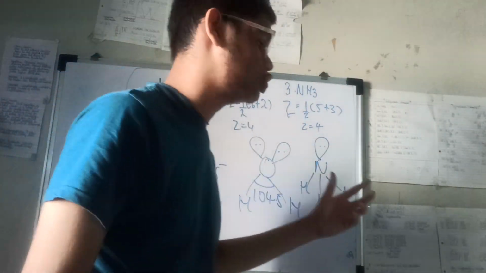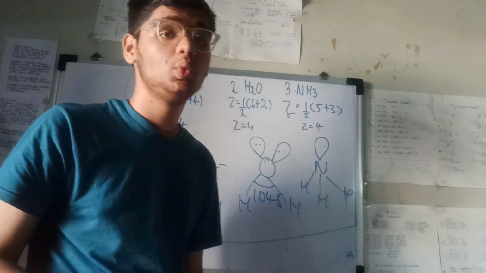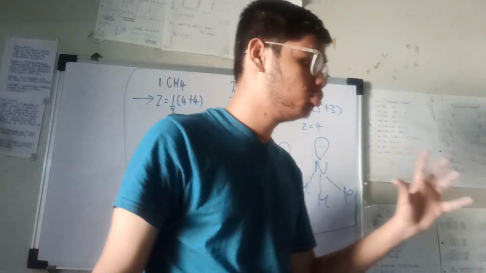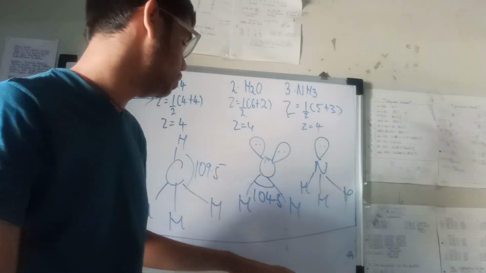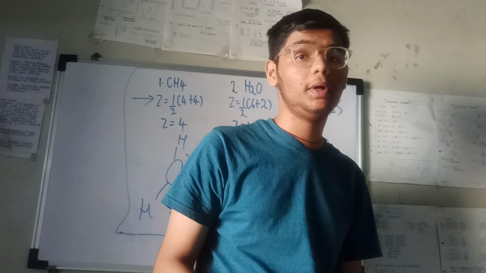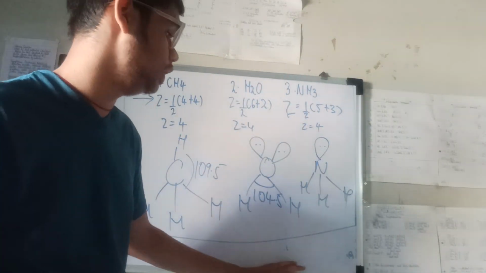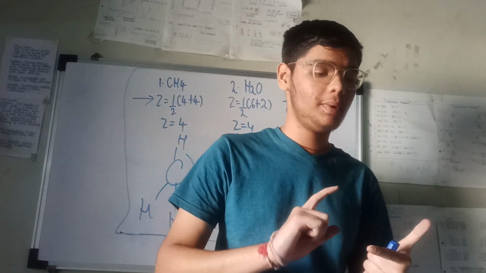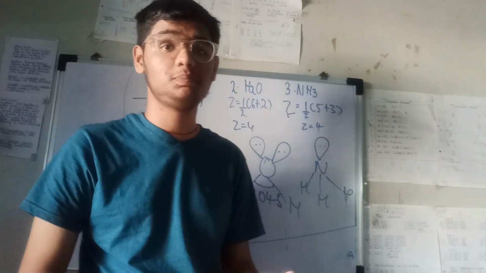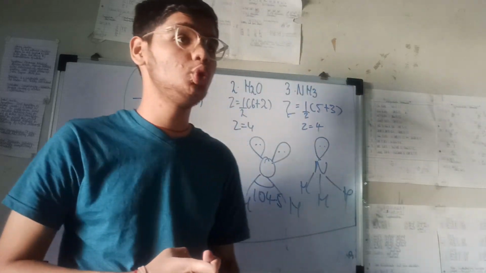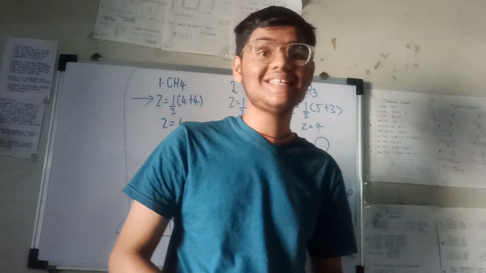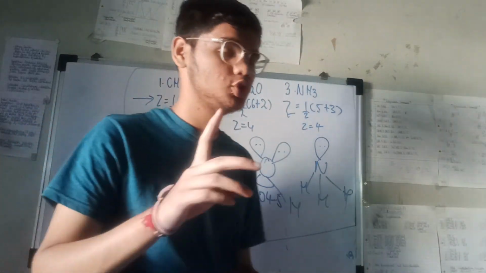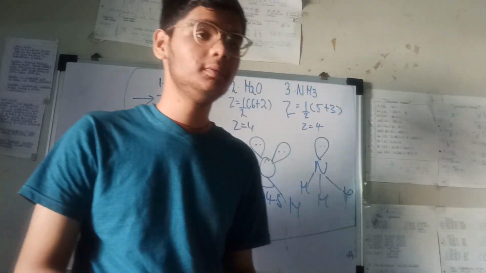And remember that geometry is equal to bond pair plus lone pair. But shape is equal to bond pair only. Shape is equal to bond pair only. And I will revise the Z. If Z is equal to 2, geometry is linear, hybridization is sp. If Z is equal to 3, hybridization is sp2, and shape and geometry are trigonal planar.